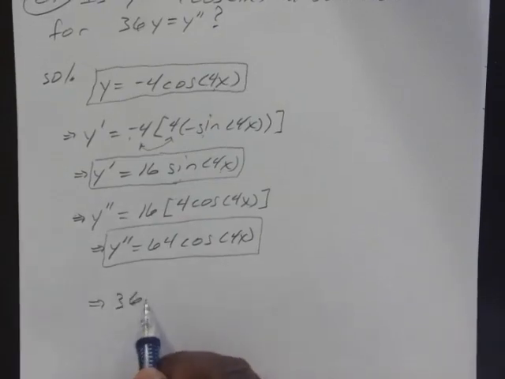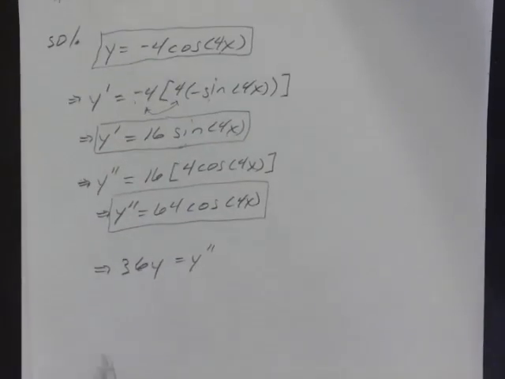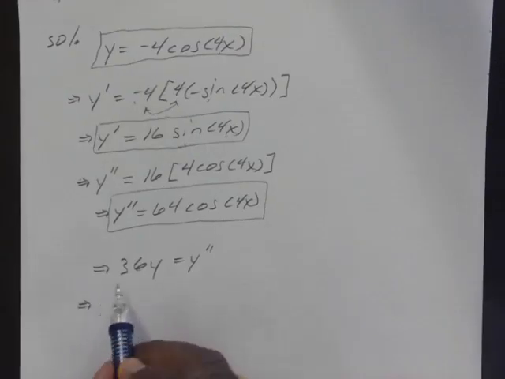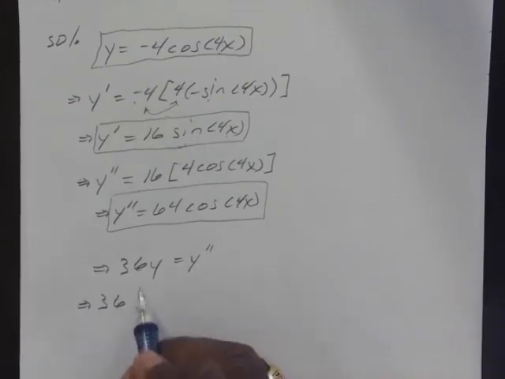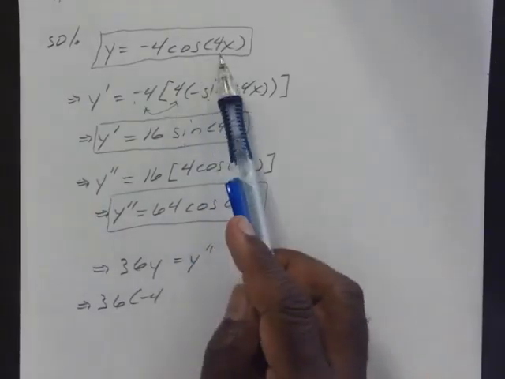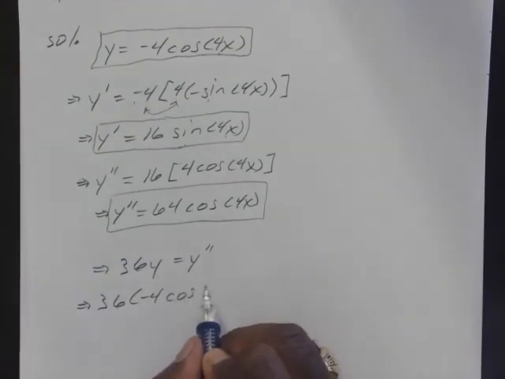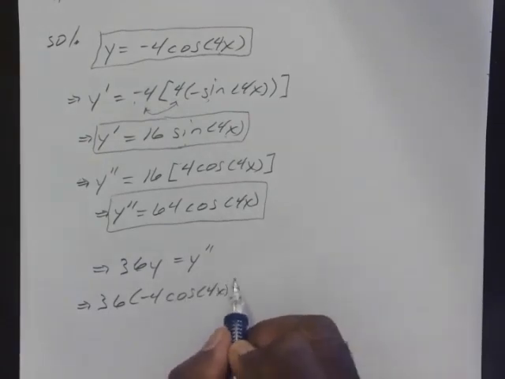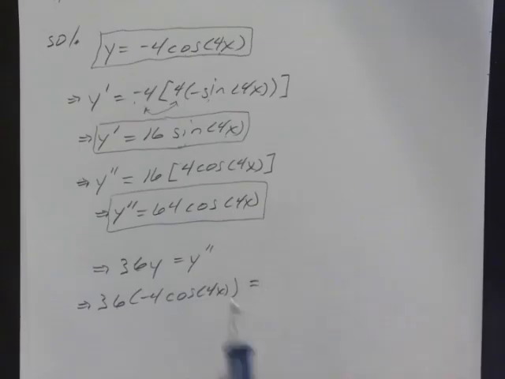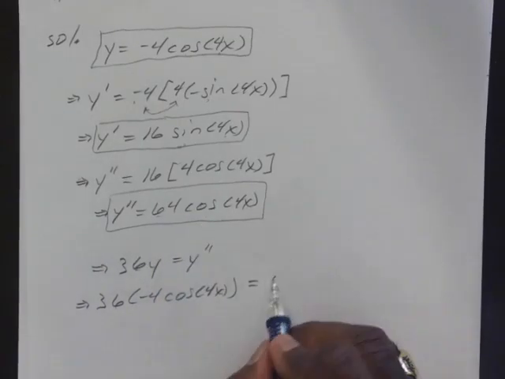So if we have 36y is equal to the second derivative of y, means we have 36 times -4 times cosine of 4x, since that's our y, is equal to 64 times cosine of 4x.